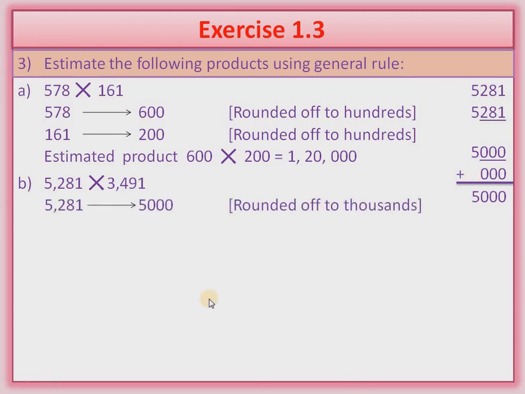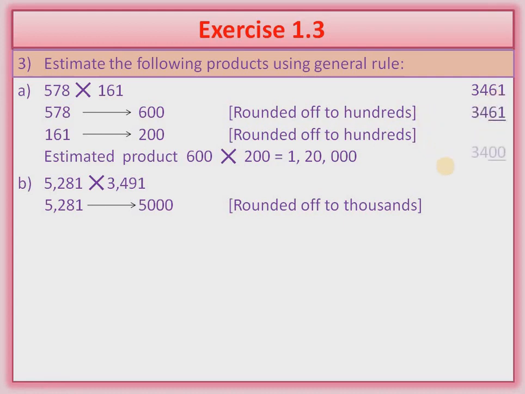Now the second number, 3,491. We are going to convert it rounded off to 100. We will make a line for the last 2 digits only.